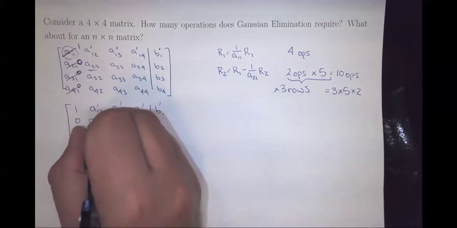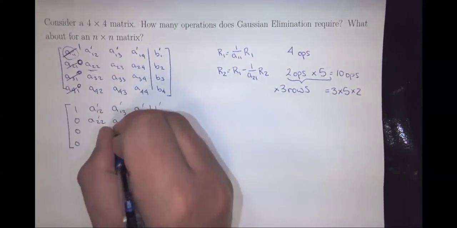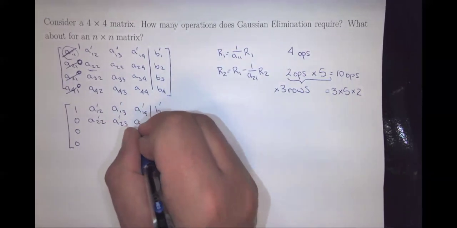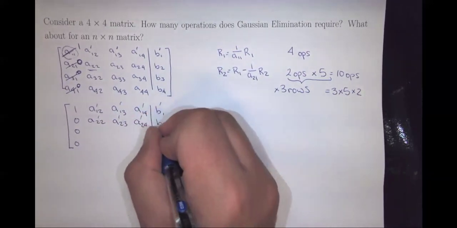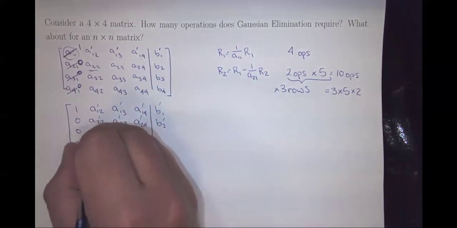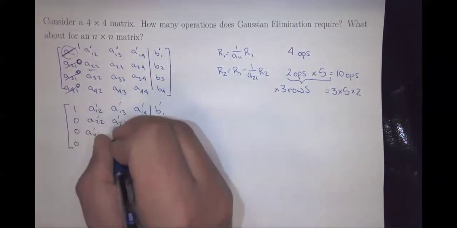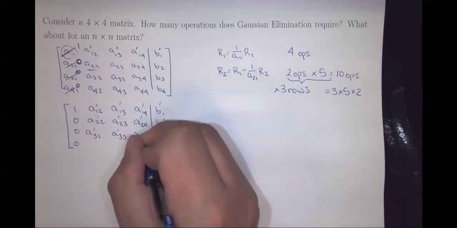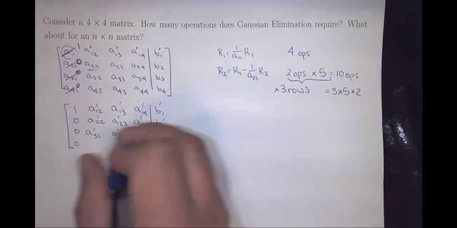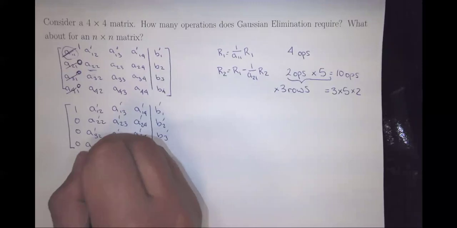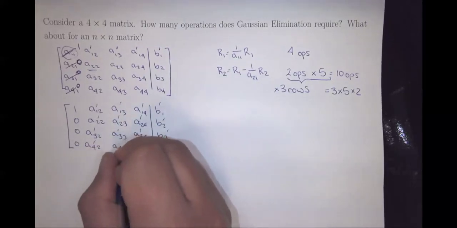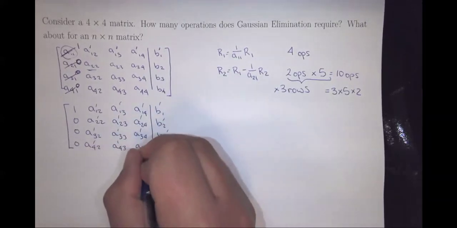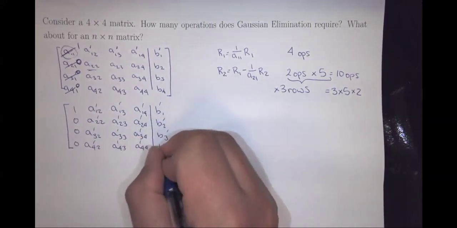New versions of A22, A23, A24, and B2. A32, A33, A34, and B3. A42, A43, A44, and B4.